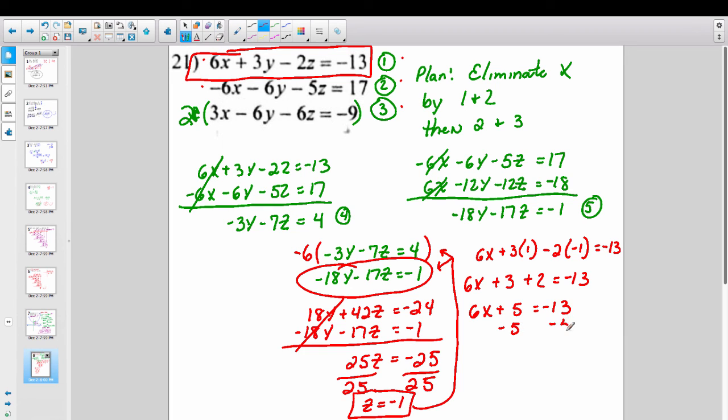Subtracting 5 from both sides, 6x equals negative 18. Divide by 6. X equals negative 3, and there it is.